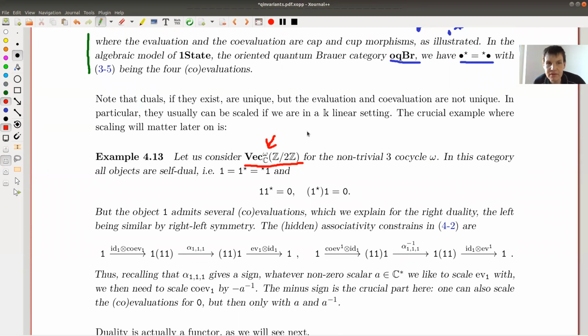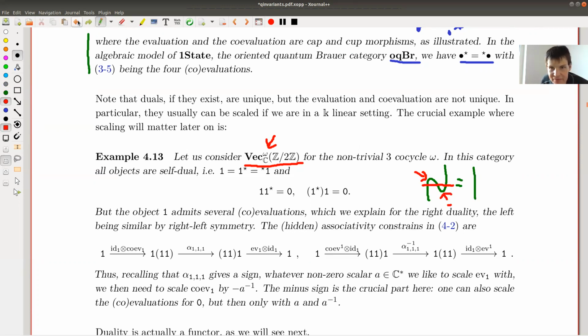So let's look at the example here. Basically, you can scale evaluation and co-evaluation maps by scalars. So think of it, if you want something like a zigzag relation, and you decide to scale both this one and this one with a -1.